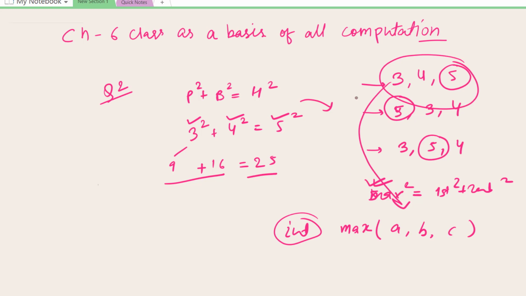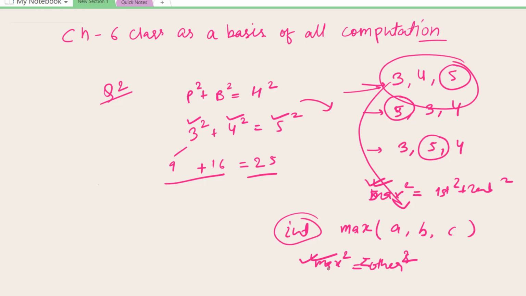So in the first case it will return 5, which is the largest, and then we will check if the max square equals the sum of the others' squares or not. If this test passes, then we will say that yes, what you have entered is a Pythagorean triplet, else it's not a Pythagorean triplet.